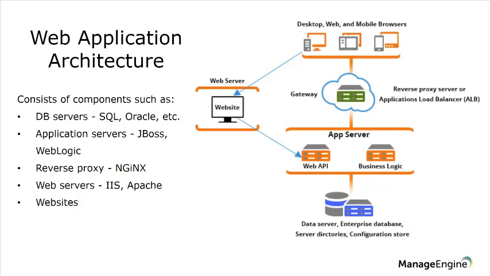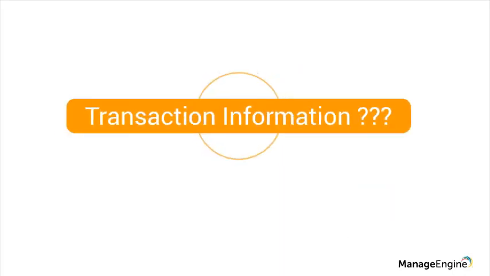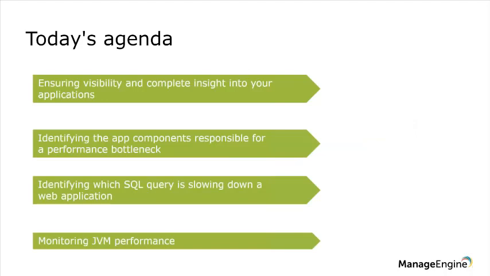So what we are going to see today is when different components of a web app interact with each other, what can you do with the transaction information that can be retrieved from these web apps transactions? That will be the primary focus of today's agenda, where we will see how to ensure complete visibility and insight into your applications.